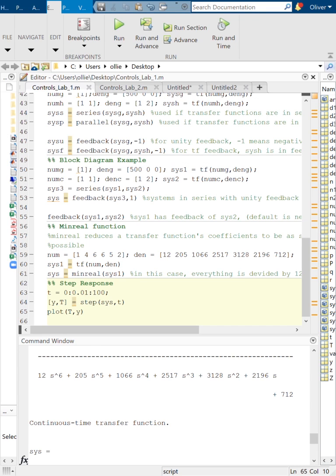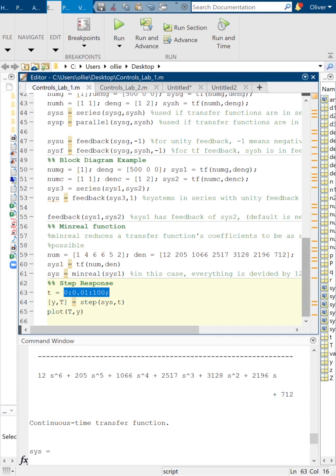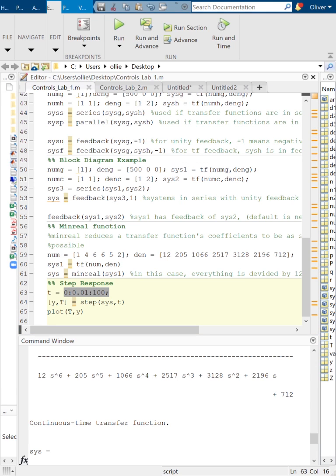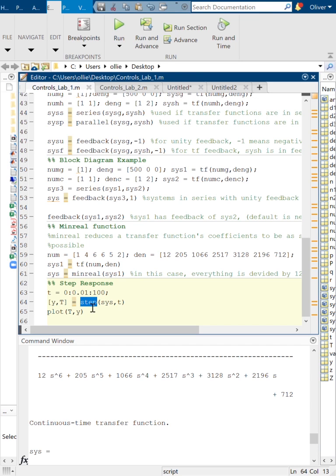So first we'll make an array for time here, which starts from 0 seconds and goes to 100 seconds in increments of 0.01 seconds. And then we will make the arrays for displacement and time for the transfer function system that undergoes a step response. So we've described what time is.